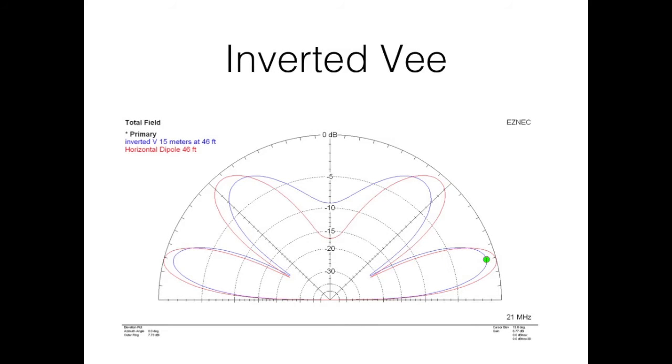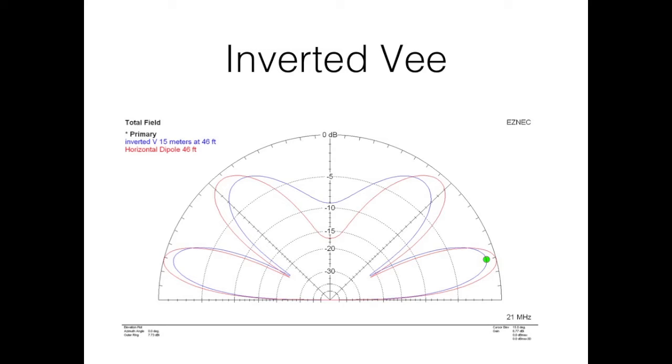Now, this is an EZNEC plot of the inverted V in the blue trace and a completely horizontal dipole, red trace. The dipole at 46 feet and the inverted V at exactly the same height, 46 feet. And as you can see by the plots, there's very little difference between the two antennas, with the horizontal dipole edging out the inverted V by just maybe 1 or 2 dB.